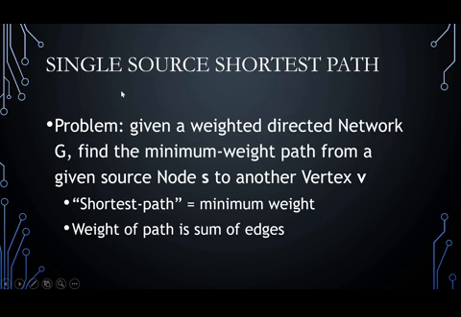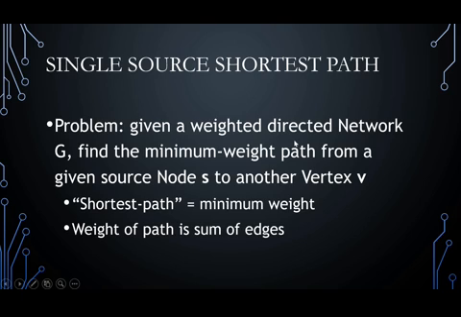So the problem that we are supposed to study as of now is single source shortest path problem. So the problem is, given a weighted directed network or even undirected network, doesn't make much difference. So we will be solving one problem of undirected network and one problem on directed network, so that we will be able to understand both. The procedure is the same, no difference in it, right?